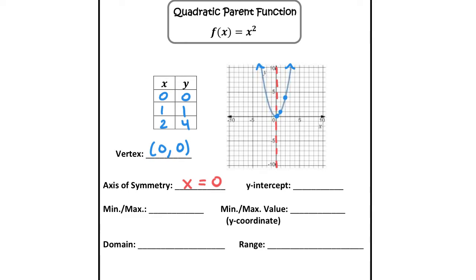The y-intercept, where does the graph hit the y-axis? What's the location? Well, it's actually the same location as the vertex. So (0, 0). The minimum and maximum location is the same as the vertex and the y-intercept.